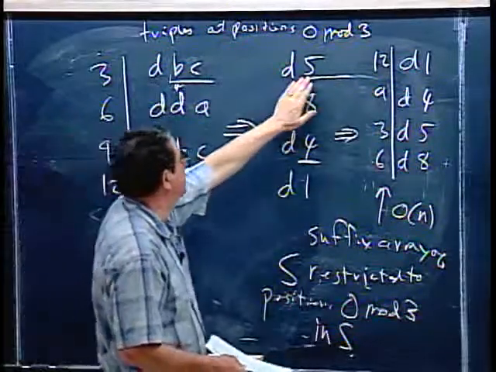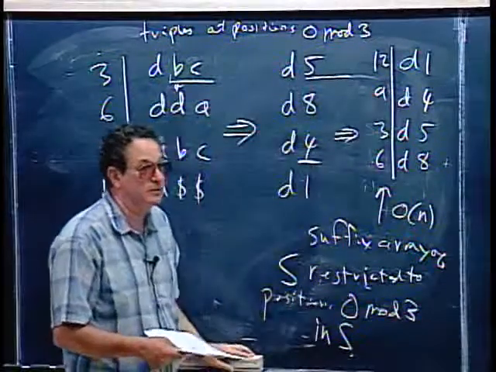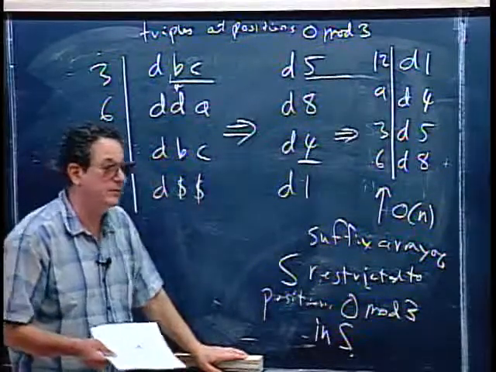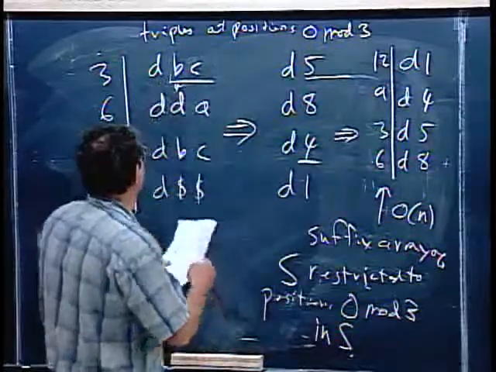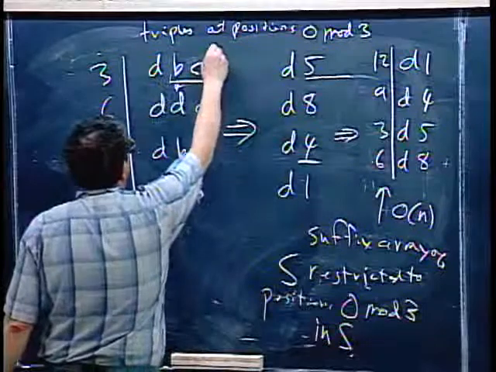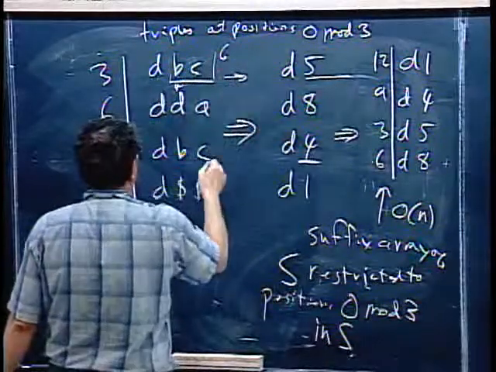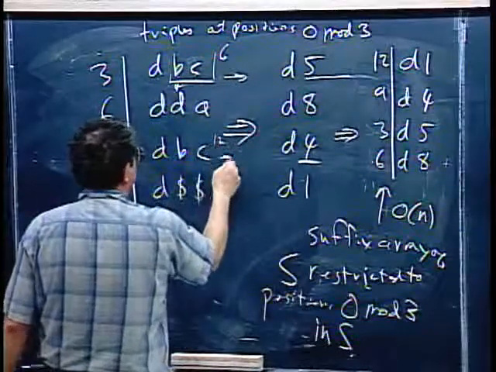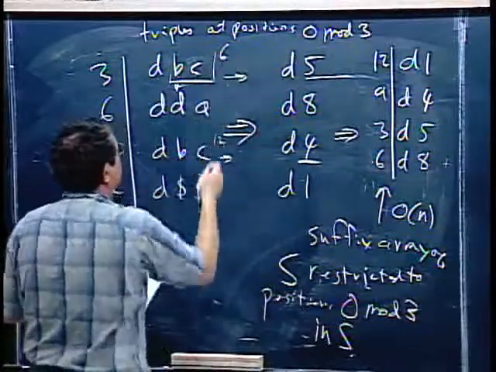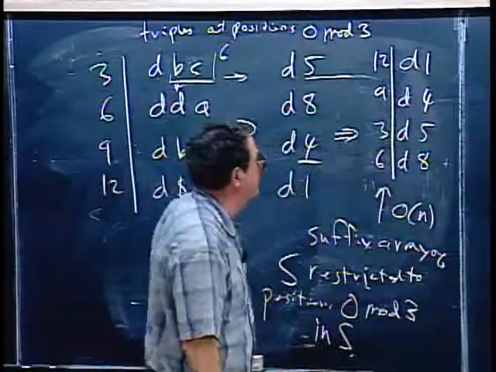But because we have these numbers, which come from the positions 1 or 2 mod 3, we actually do have information beyond there. We do know what's beyond position 3, 4, 5. We know what's going on there and what's going on here, 9, 10, 11, 12. And those are encoded by these numbers that are here.